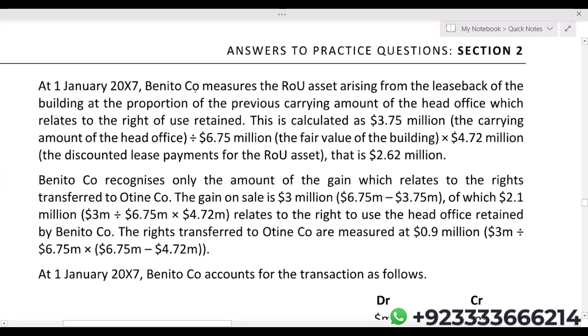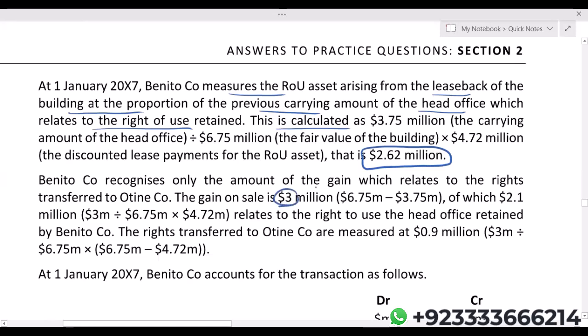At January 7, Benito measures the right of use asset arising from the leaseback of the building at the proportion of the previous carrying amount of the head office, which relates to the right of use asset retained. This is calculated. How they are calculating, I think we did the same thing. So you could have done this by using a formula. Benito company recognizes only the amount of the gain which relates to the rights transferred to Otini. The gain on the sale is 3.